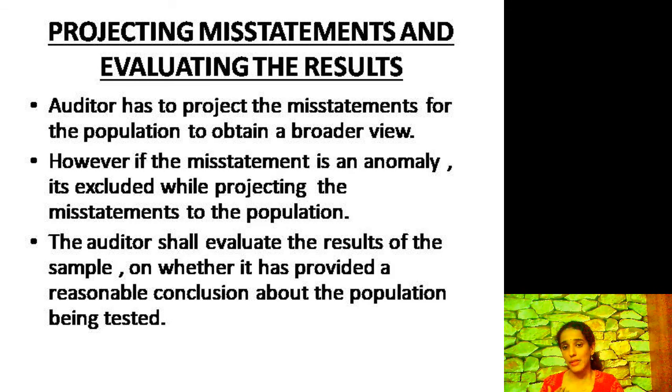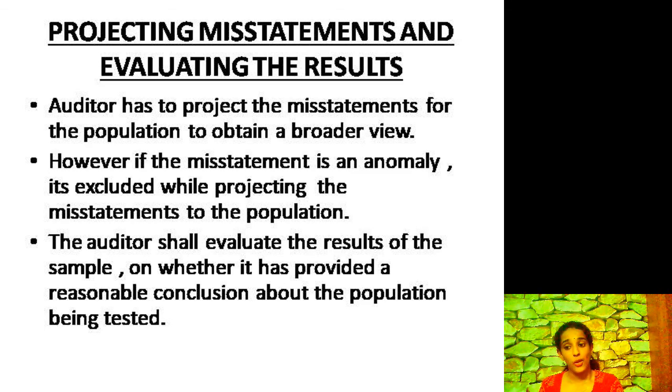The higher the sample size, we saw, the lesser will be the sampling risk. Then we saw the different types of sampling risk, or the different erroneous conclusions that sampling risk could give rise to. One was with respect to material misstatement and one was with respect to controls, test of controls. Then we saw what a sample size is, the factors involved in selection of a sample, and other terms associated with sampling risk, that is non-sampling risk.